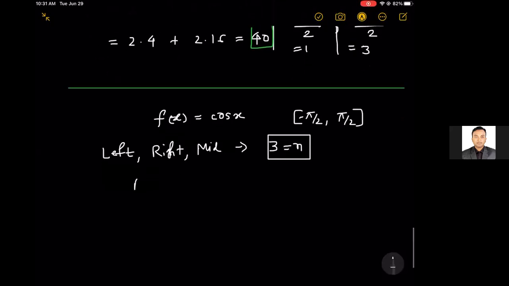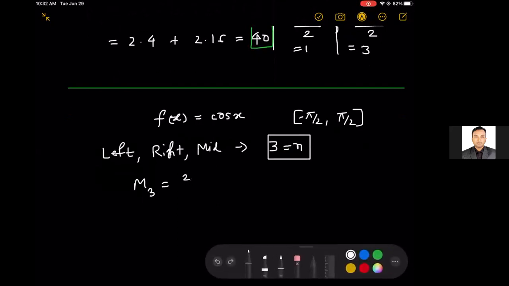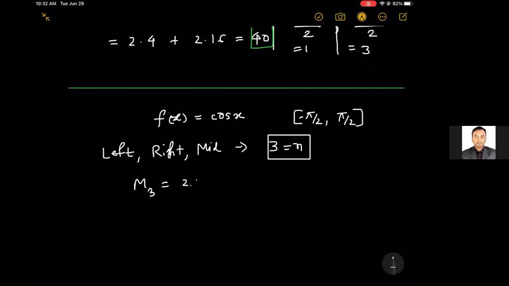And let me give you the solution as well. The midpoint sum would be, I guess, 2π/3. Okay, let me show you the decimal value. It's close to 2.09. The left and the right both would be 1.81.